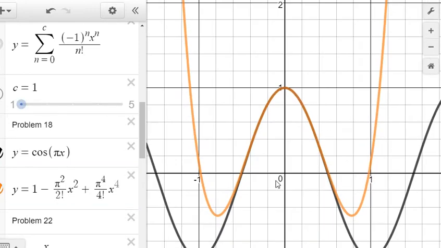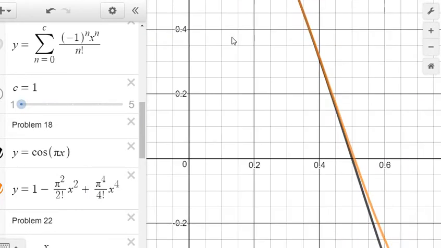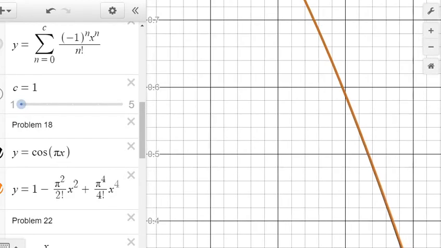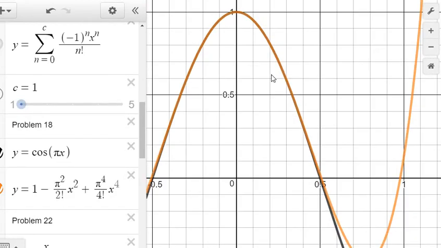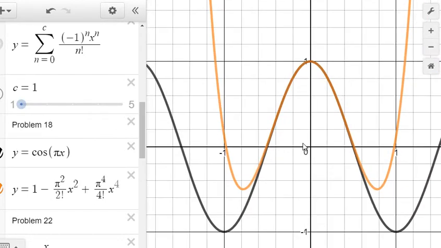If you zoom in a lot, you're just not seeing much daylight between these two functions. They're pretty similar for a while. Eventually, we're going to have to decide how far out do I have to go? How many terms do I need to get a good approximation? So that's on the horizon, but it's a ways off. Right now, we're still practicing how to find these things.